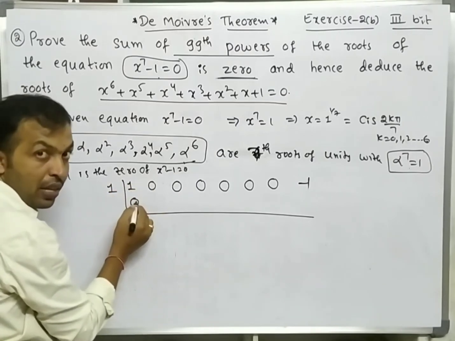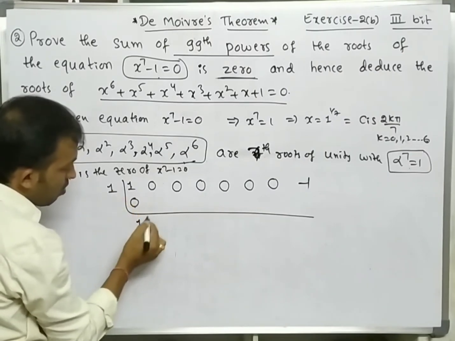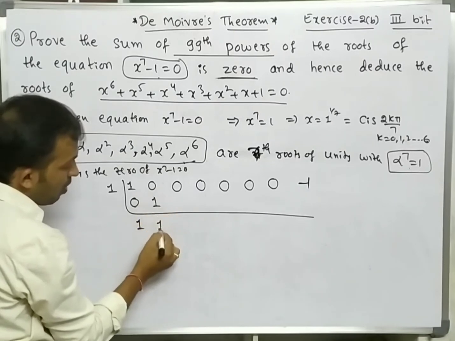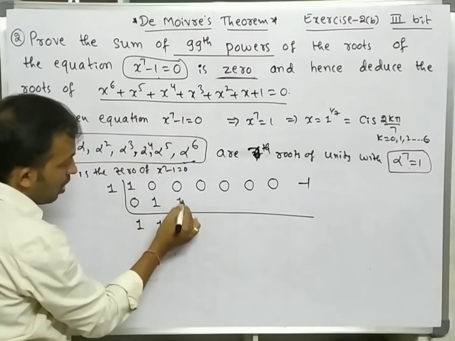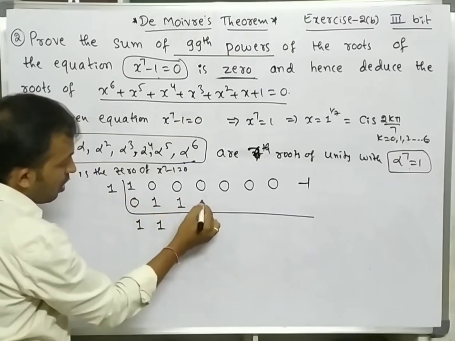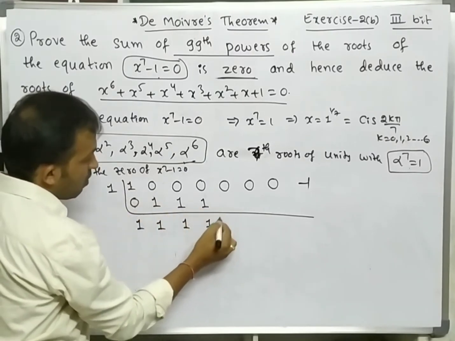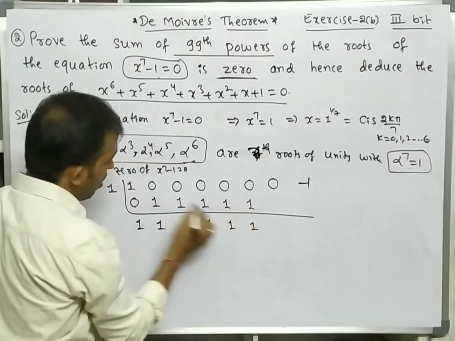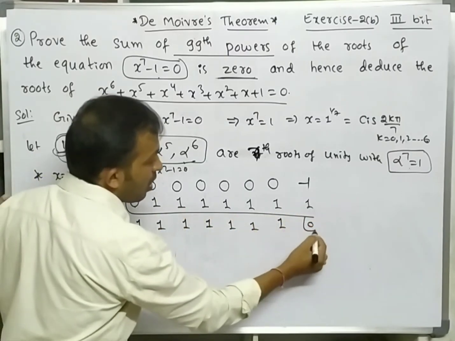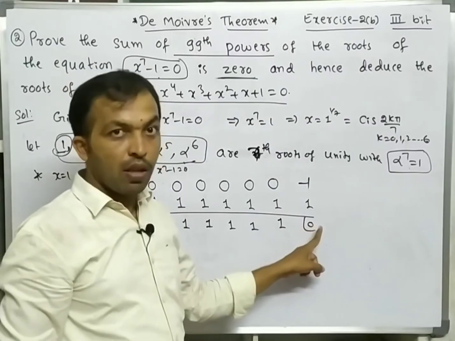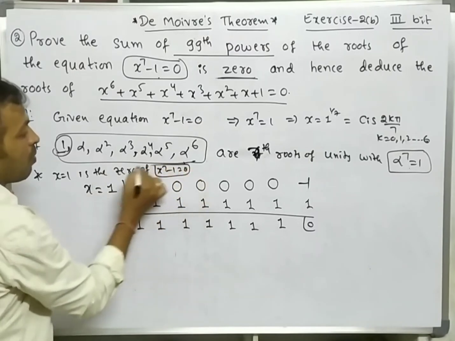First we write 0 here, then add: 1 into 1, multiply, 1; 0 plus 1 is 1; 1 into 1 is 1, add again; and so on, 1, 1, 1, 1, 1. Finally 1 minus 1 is 0, so we get 0 here. So then x is equal to 1 is the zero of x power 7 minus 1.